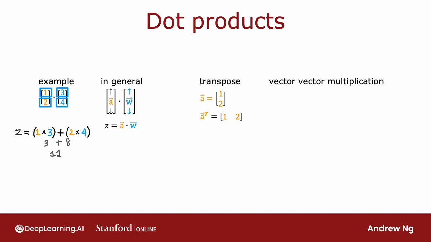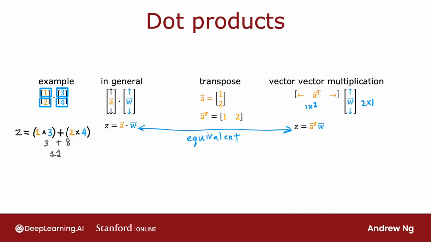And it turns out that if you multiply A transpose, this is a row vector, or you can think of this as a 1 by 2 matrix with W, which you can now think of as a 2 by 1 matrix, then Z equals A transpose times W, and this is the same as taking the dot product between A and W.